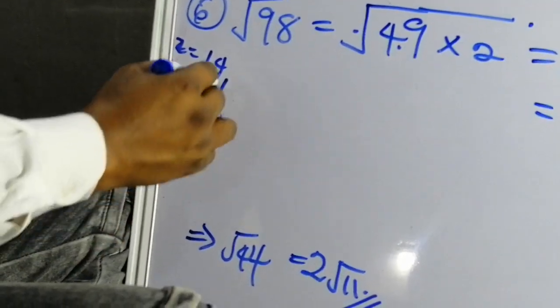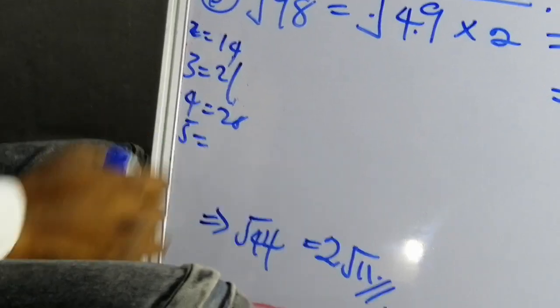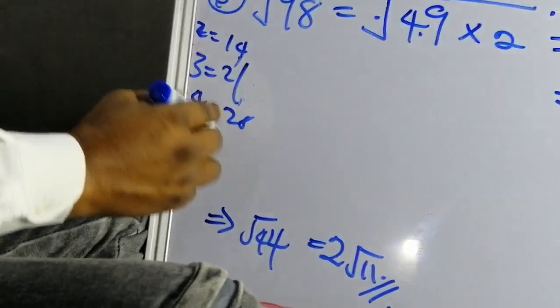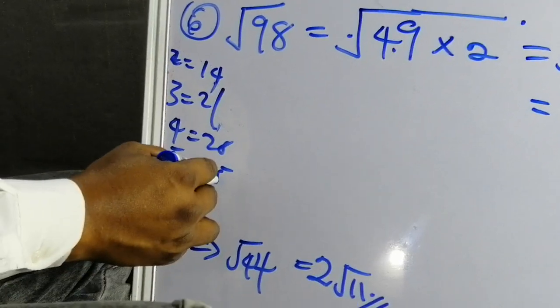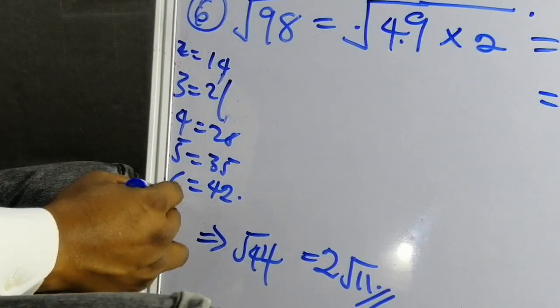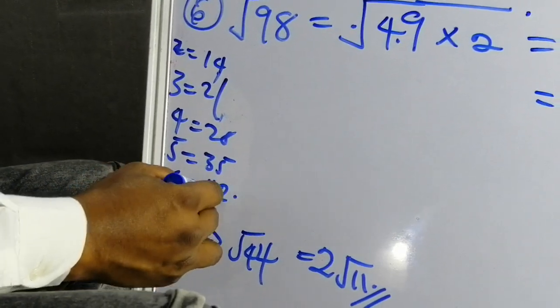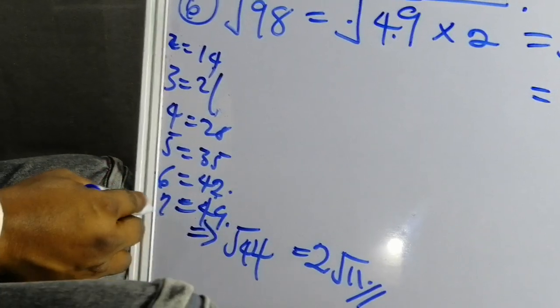Then 7 times 4 will give you what? 28. Then 7 times 5, add another 7 to this, that will be what? 35. 7 times 6, add another 7 to this, that's what? 42. 7 times 7, add another 7 to this, is what? 49.